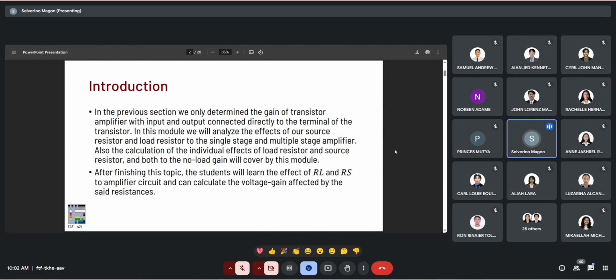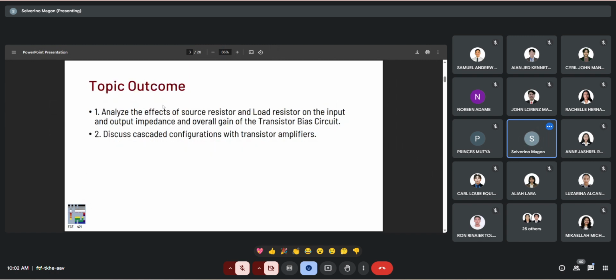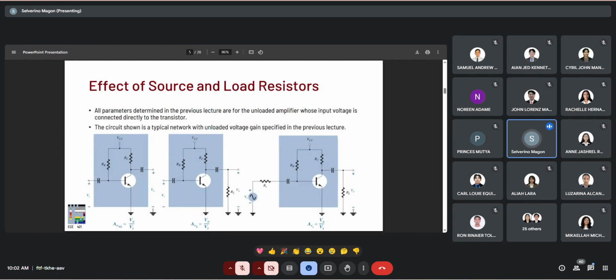So you know the effect of RL and RS and the calculations for the effect of the said resistors on the voltage gain. We will also cover cascaded configurations. All parameters determined in the previous lecture are for the unloaded amplifier whose input voltage is connected directly to the transistor.